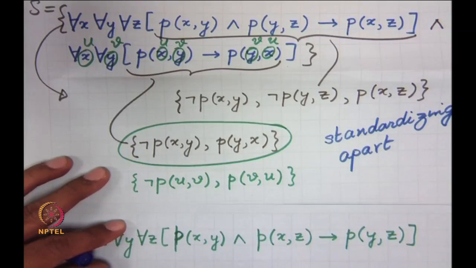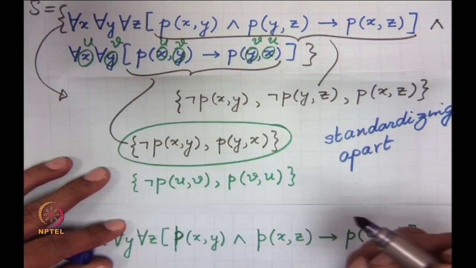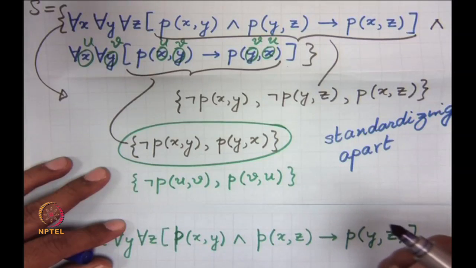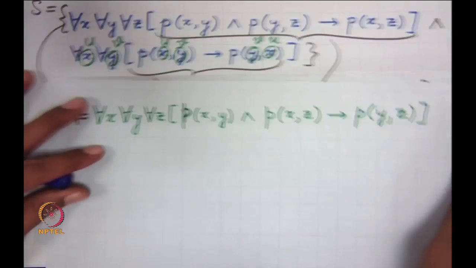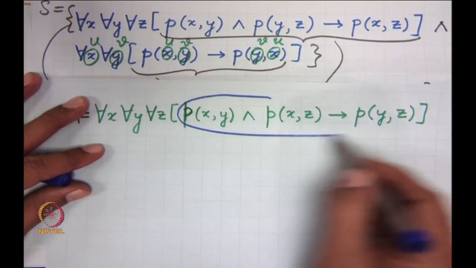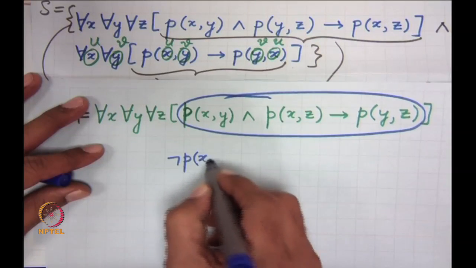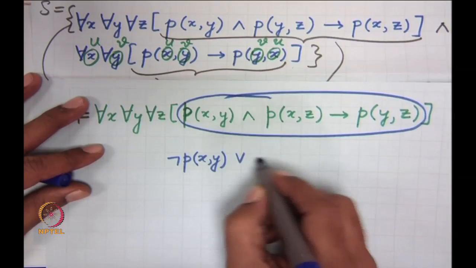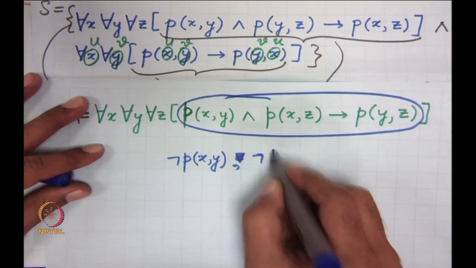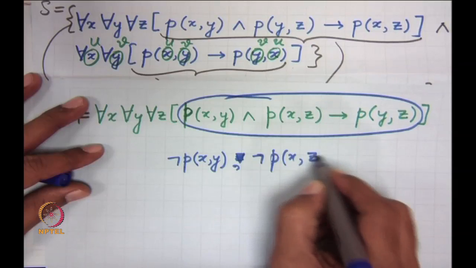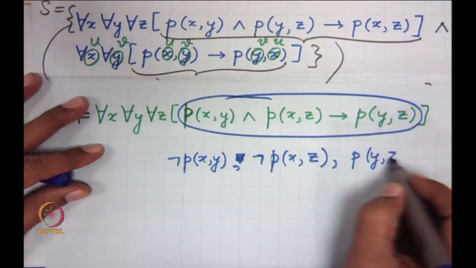And by the way, what is the form of this? This one would work out to not p x y or not p x z or p y z, right.